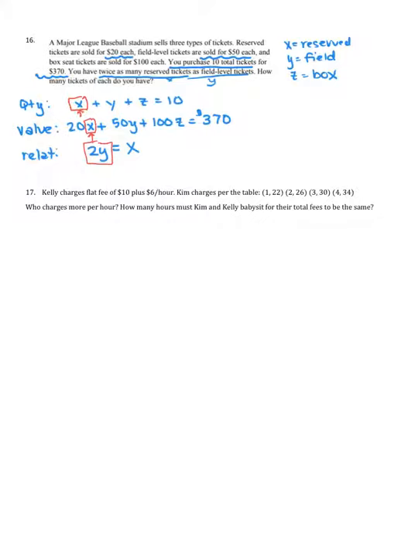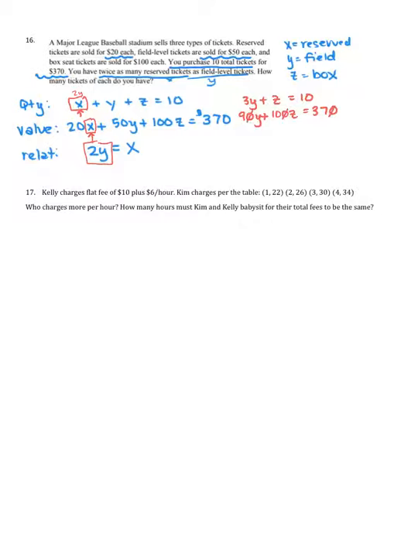So in this first equation, the quantity, this becomes 2y plus y, so I'll have 3y plus z equals 10. Here, 20 times 2y, that's going to be 40y plus 50y, so I have 90y plus 100z equals 370. And I'm going to knock off a 0 on each of these.